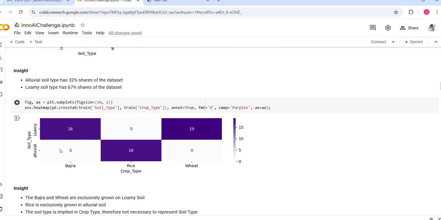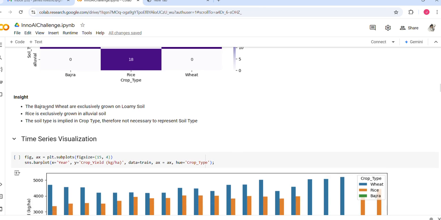But as you can see, the data is perfectly divided among the soil type, so we don't have to consider the soil type in our data, because if we consider rice, we know that it is cultivated on alluvial soil, so we don't need any separate columns for soil type as well.